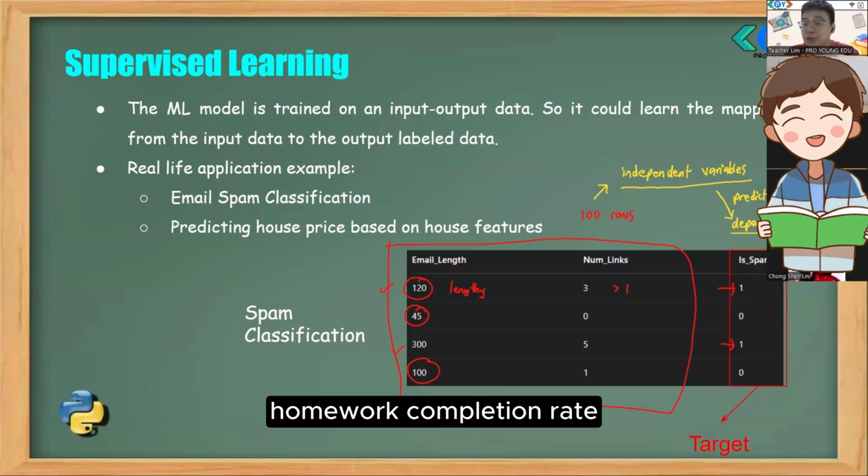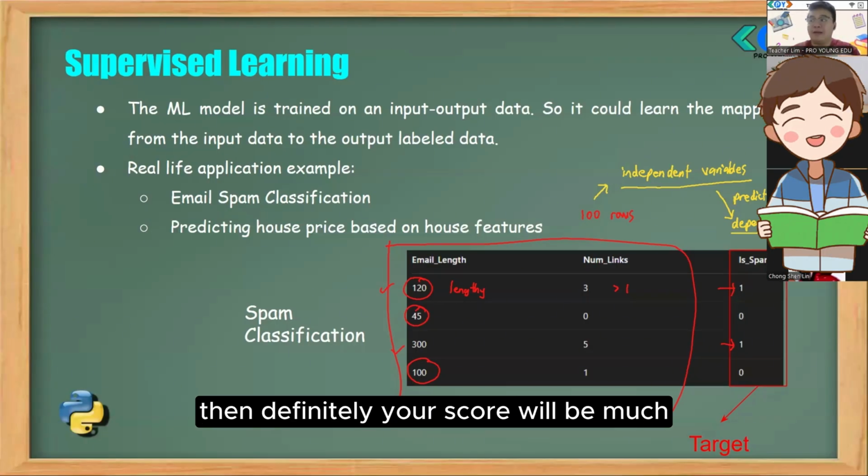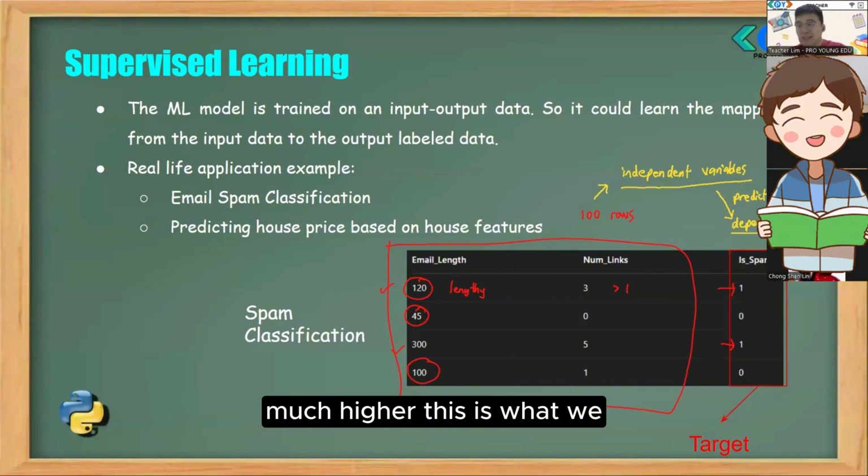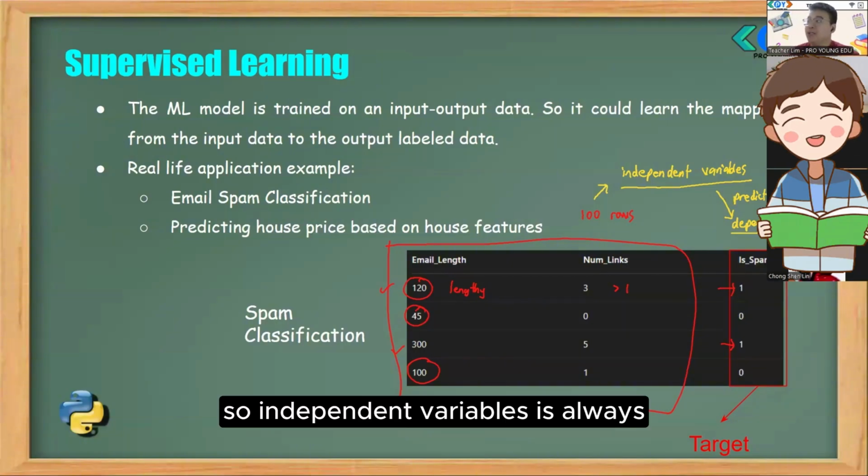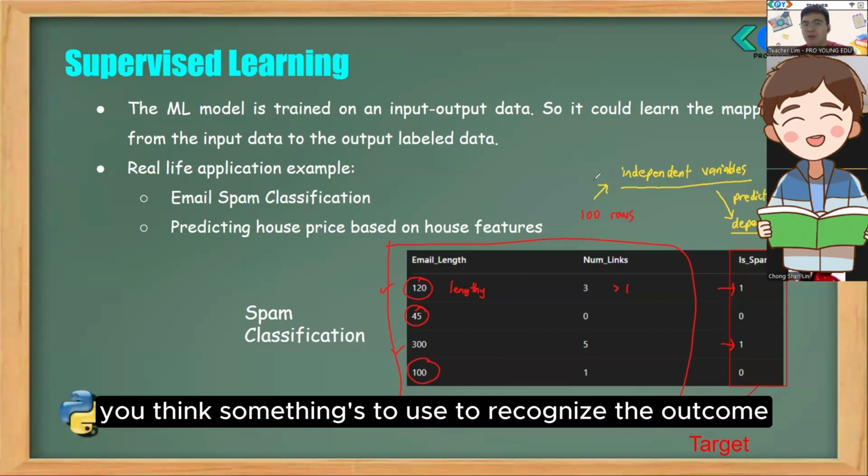Homework completion rate. If you complete the homework and read through the recording, then definitely your score will be much, much higher. This is what we call logical thinking. So independent variables are always things you think can be used to recognize the outcome.